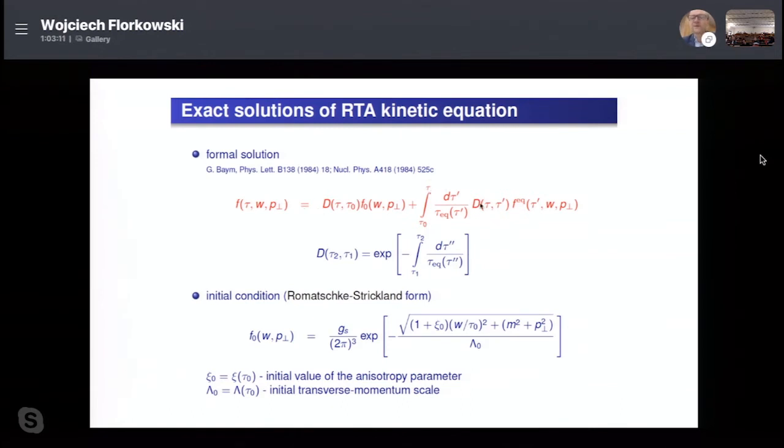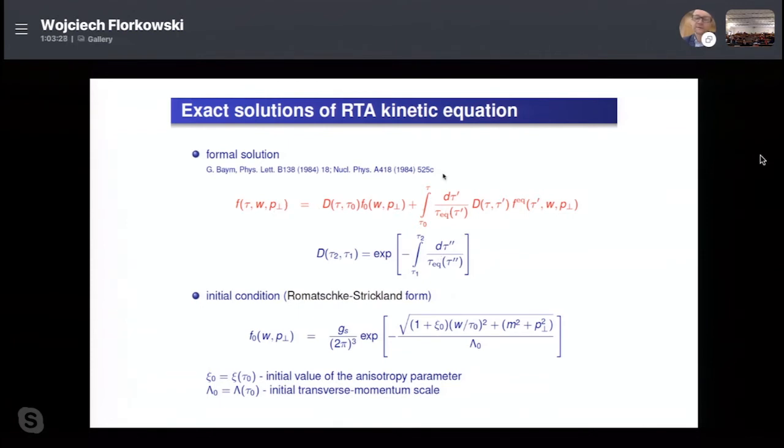This is the formal solution, and D is called the damping function. It's just the exponential of the integral of the inverse relaxation time. So the formal solution is known.